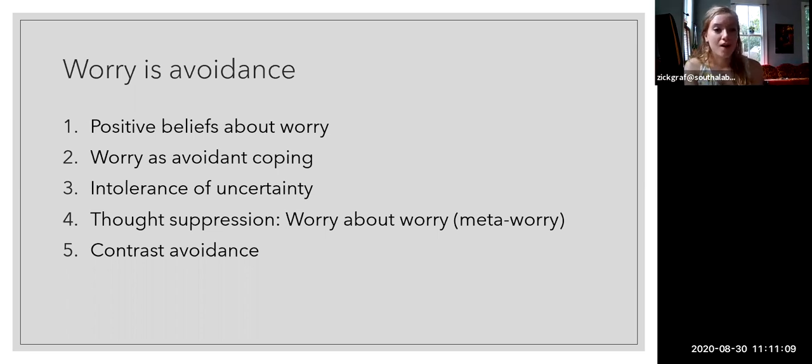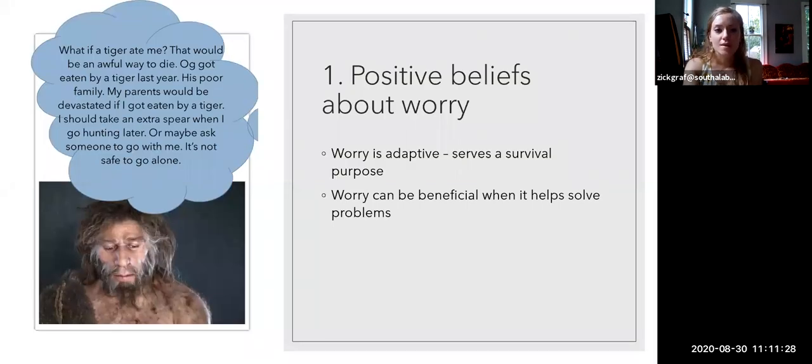But there are 5 basic processes through which worry, as a conscious, intentional process that we engage in, can help to manage and mitigate anxiety in a way that ultimately ends up maintaining it because it prevents habituation and safety learning. So the first is that people with generalized anxiety disorder often have positive beliefs about worry.